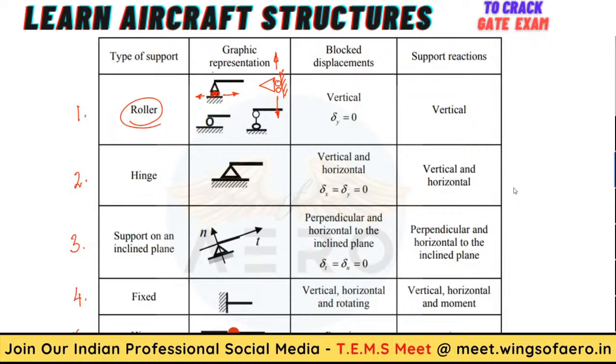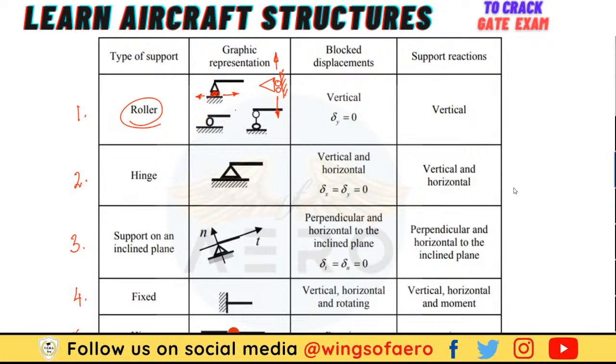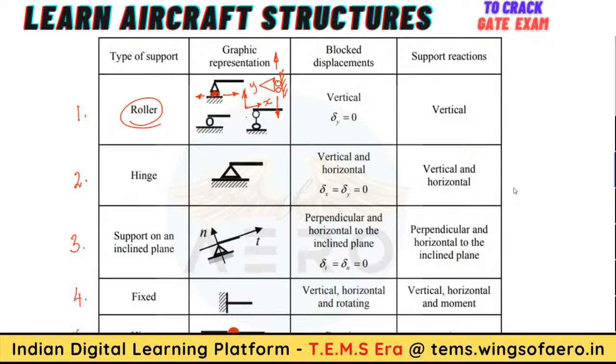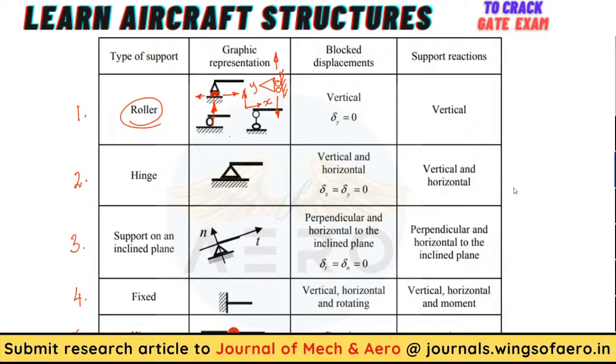It is placed on a horizontal surface. In this horizontal surface, along the y direction, and this is the x direction, there will be no displacement along the y direction, but there will be some displacement along the x direction. And in this case, there will be a vertical force acting over here.